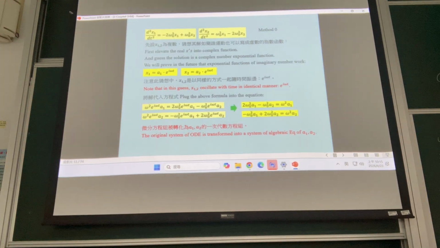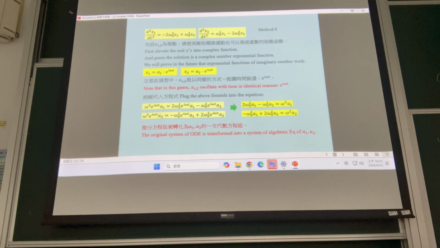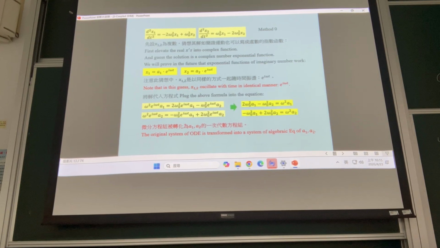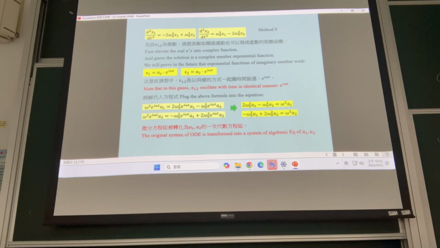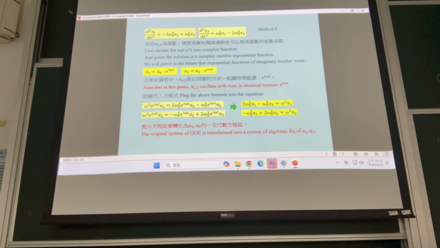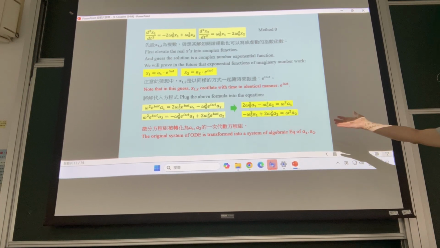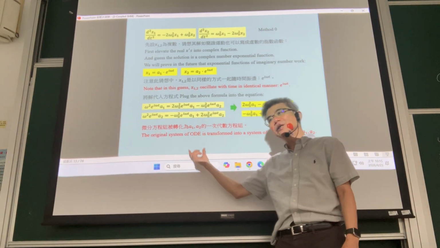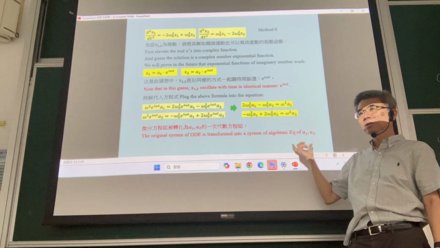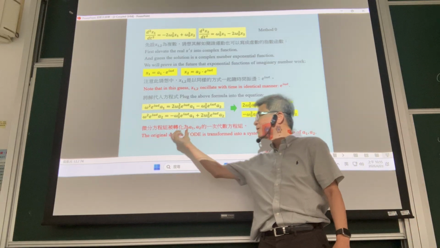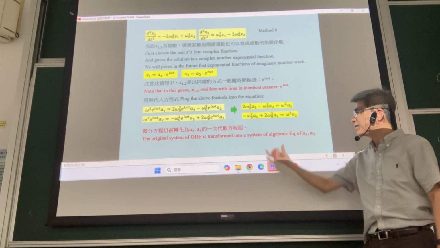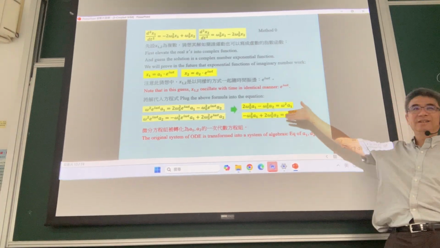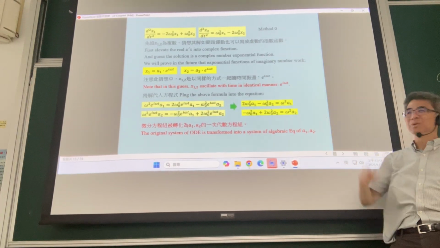That's not new. That's exactly what happened in the first half of the semester, isn't it right? We did it again. In the first half of the semester, we transformed an ODE into an algebraic equation. Now we transform a system of ODEs into a system of algebraic equations in a1 and a2. Ladies and gentlemen, that's what we have here.